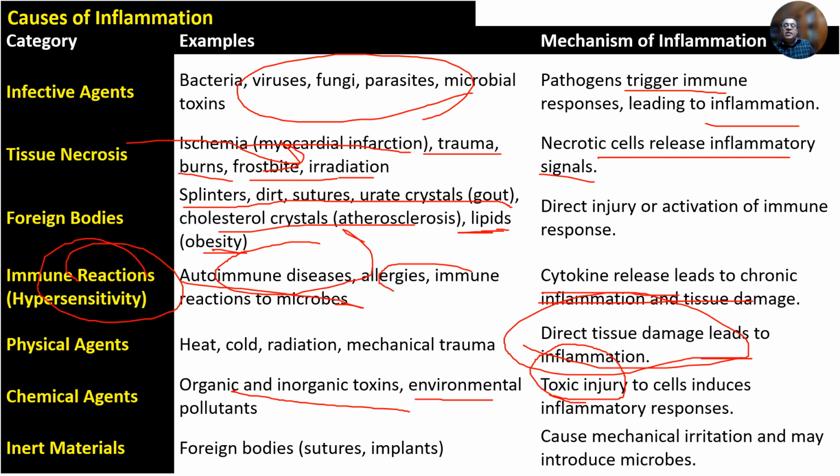Finally, some inert materials such as surgical implants or sutures can initiate inflammation by causing mechanical irritation of the tissue.